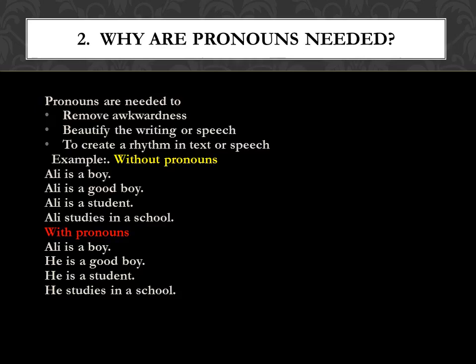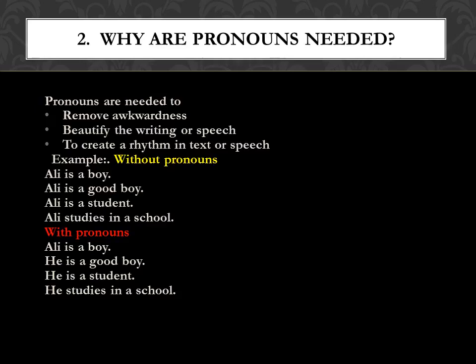They beautify the writing or speech. For example, when we use a name again and again, it will create awkwardness and a boring impact on the reader or listener. So they beautify the speech or writing by replacing the nouns with pronouns to create a rhythm in text or speech.